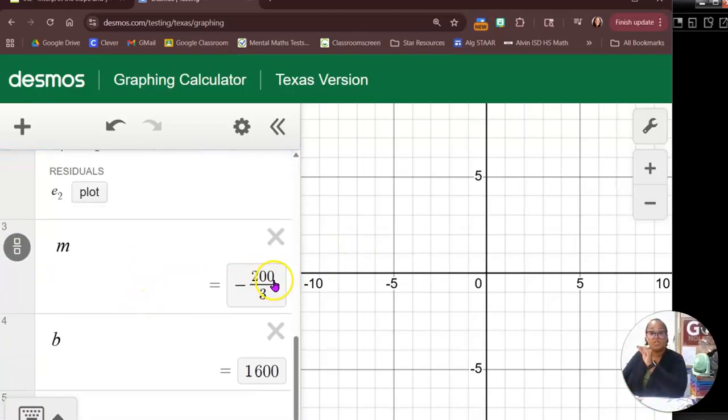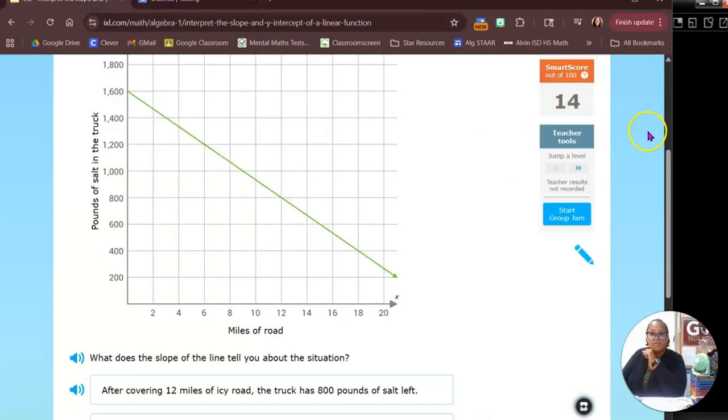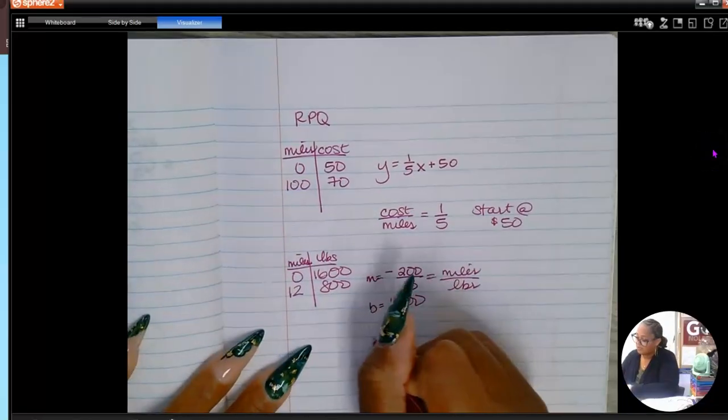I'm losing 200 pounds every 3 miles. So negative 200 over 3. That's miles and pounds. And then my y-intercept, this is my m. My y-intercept is 1,600. That's where I start. So I come over here. I got this written down.